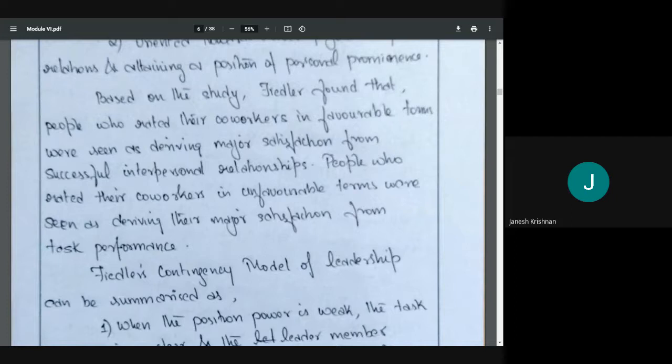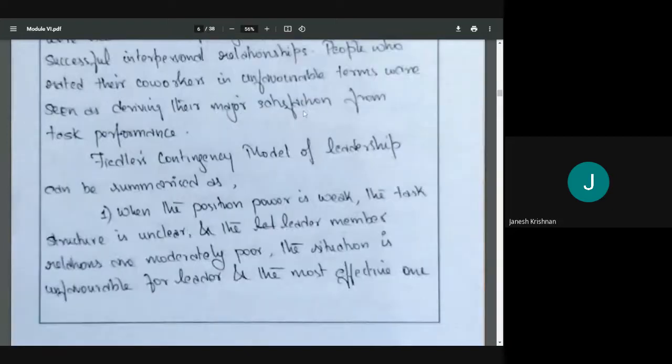And how can we conclude this model of leadership? It can be summarized in three steps. The first scenario is when the position power is weak. In the first dimension, the position power is weak, so he doesn't have much power; the position is not giving him much of a power.